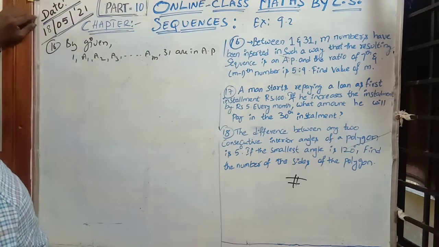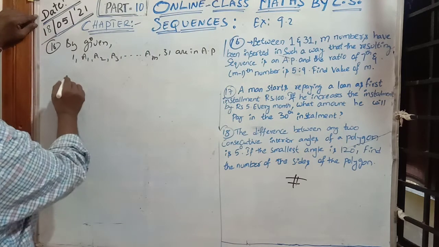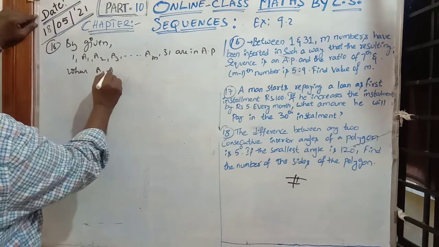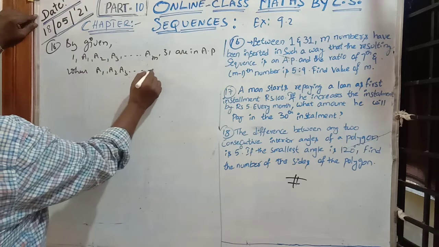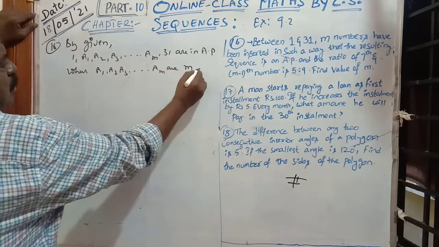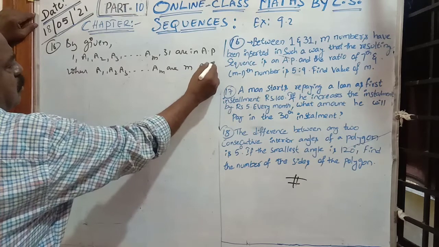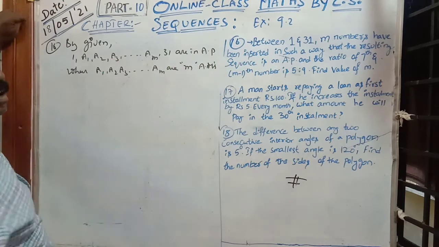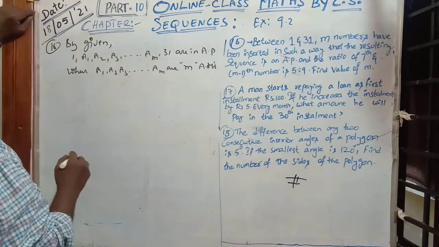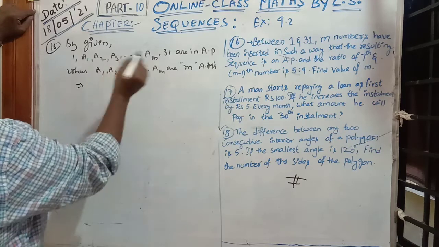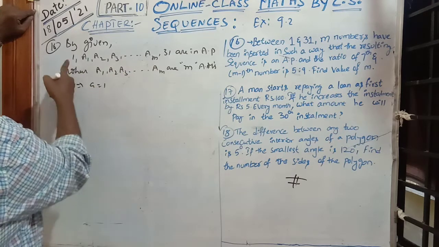There are Am's, where A1, A2, A3, ..., Am are AMs. We are given numbers, but we may call them AMs. Let it be. That implies A is equal to 1, the first term.